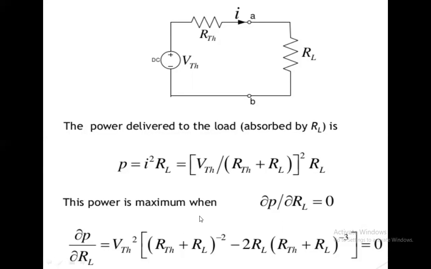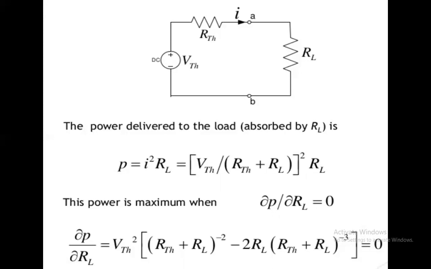Now we know that this power is maximum when dP by dRL equals 0. That means we have to differentiate the equation P equals I square RL with respect to RL, and then consider dPL by dRL equals 0.